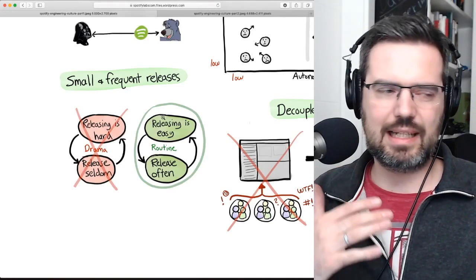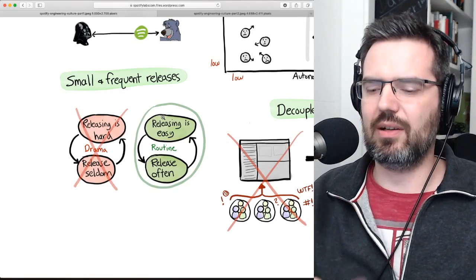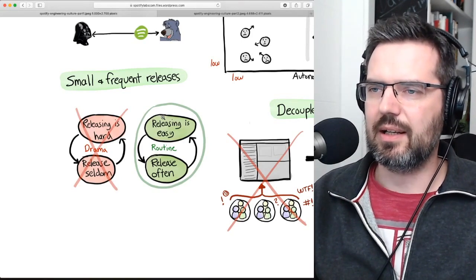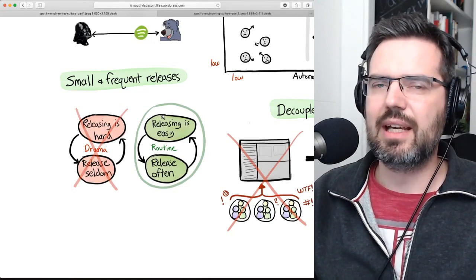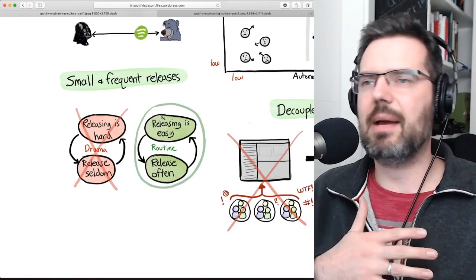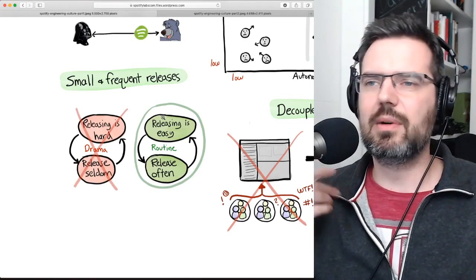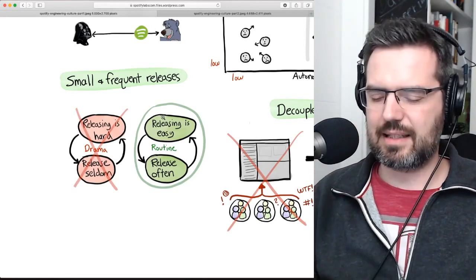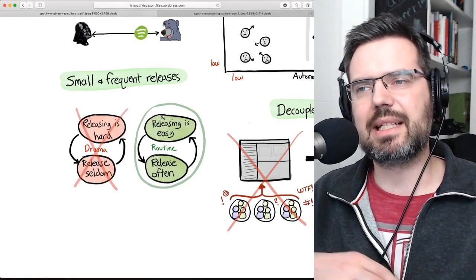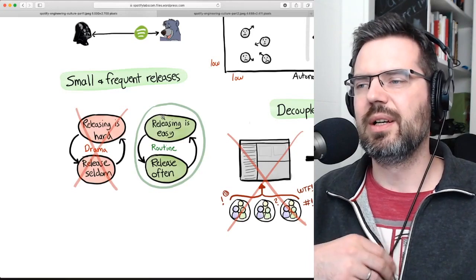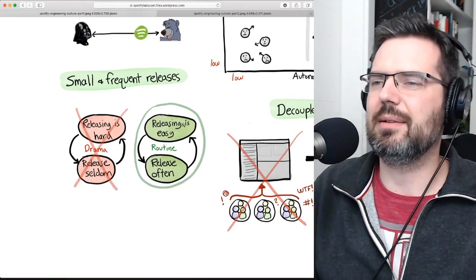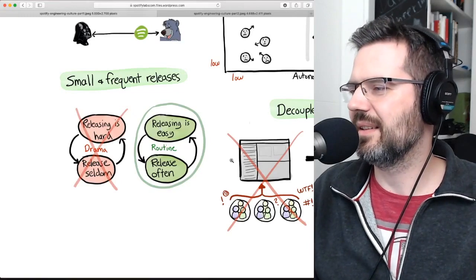So the act of releasing new software to the platform and putting new software live is very common for the developer. It's not something that happens every few months or every month. It's happening on a very, very frequent basis. And so it's more a routine than a drama. And I like this.